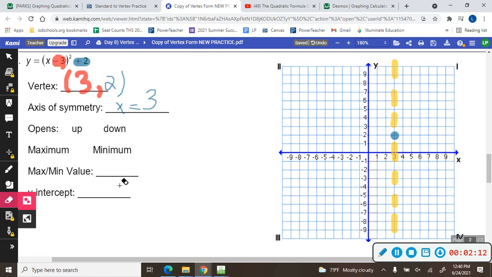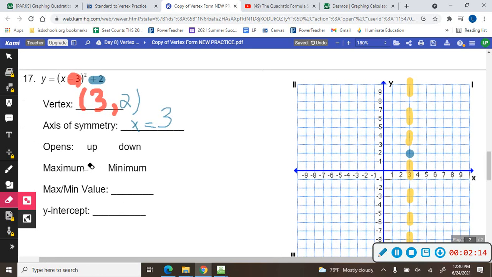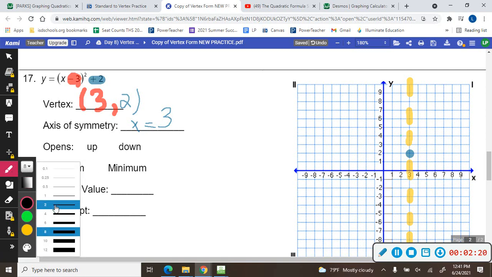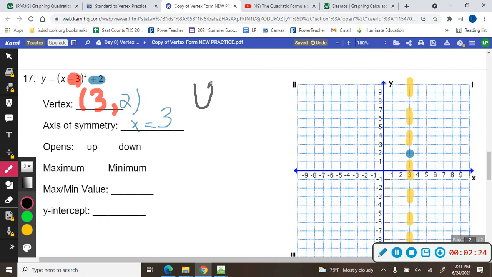And the first thing I want you to know is, does this open up or down? In other words, does it open up? This is what we call up. Or does it open down? It's one or the other.